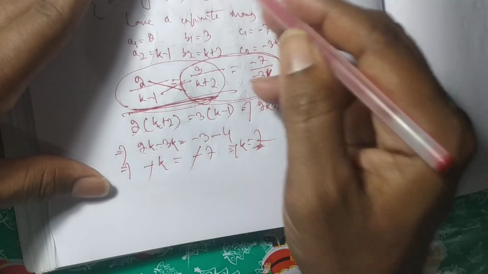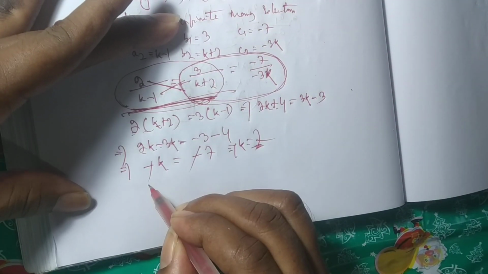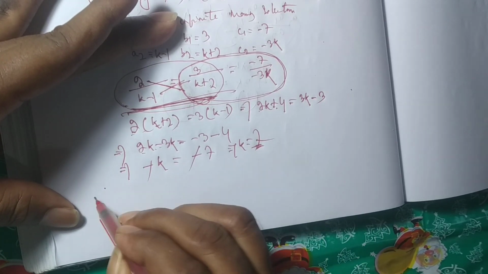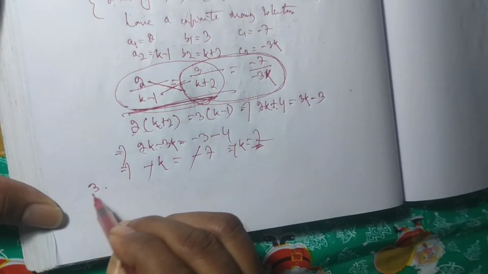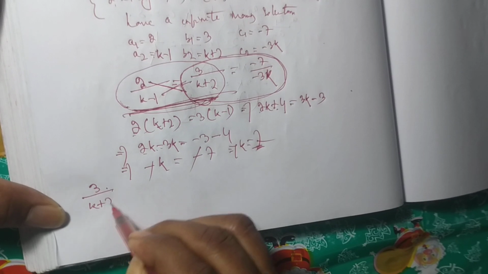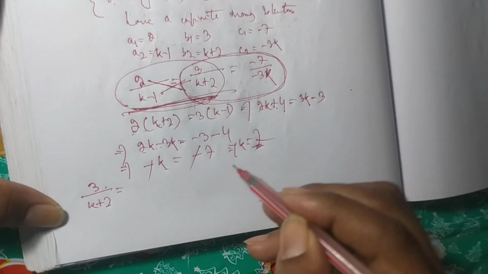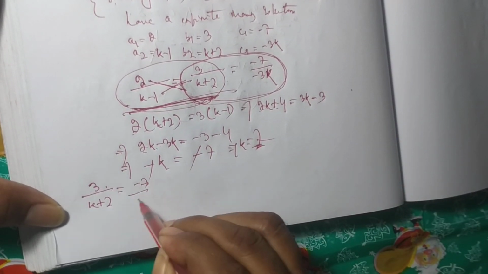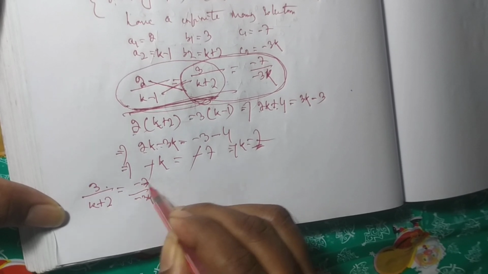Now I am doing b1 by b2 equal to c1 by c2. That is 3 by k plus 2, and c1 by c2, minus 7 by minus 3k.